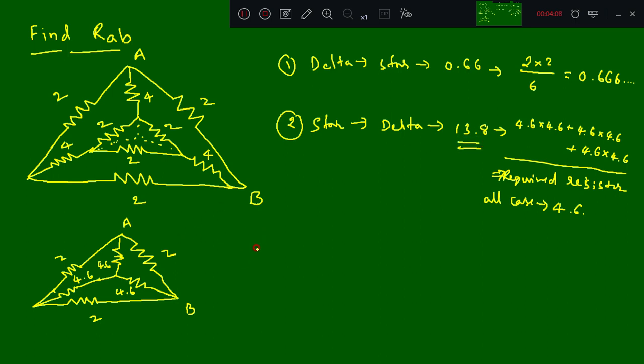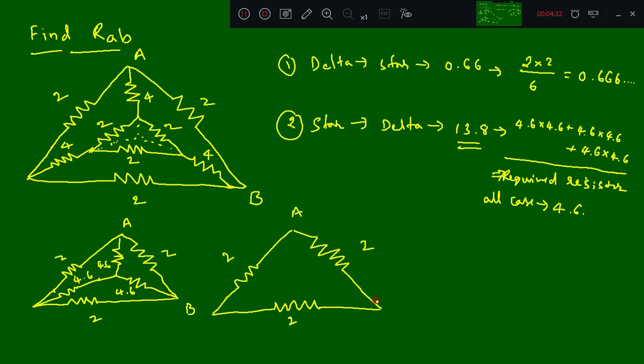So its reduction is like this. It will reduce to like this. This 2, 2, 2.